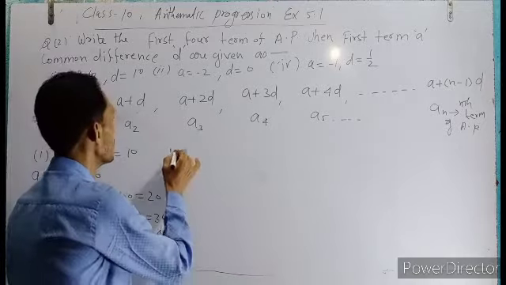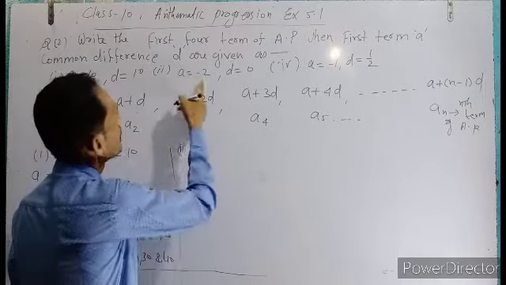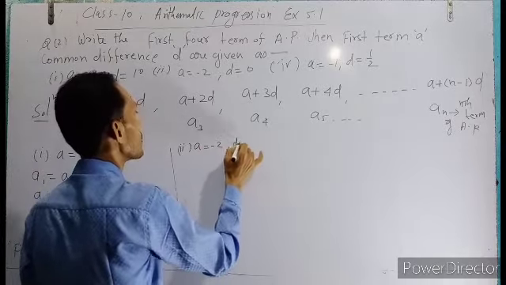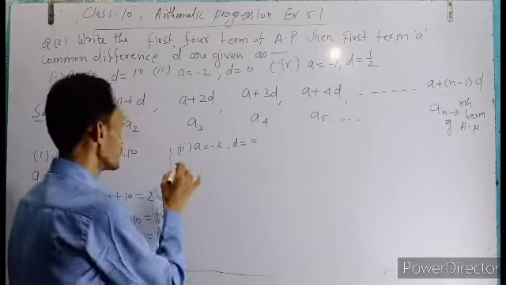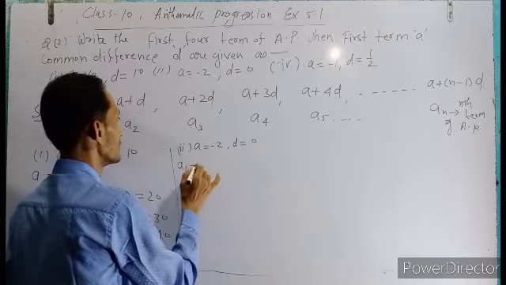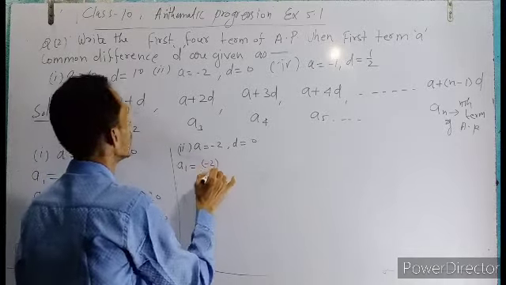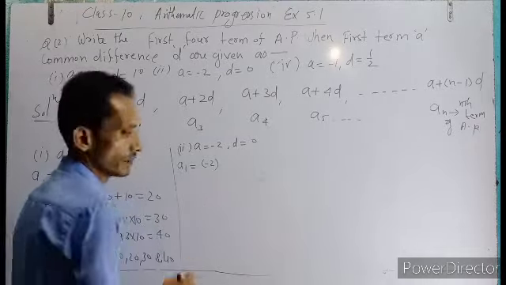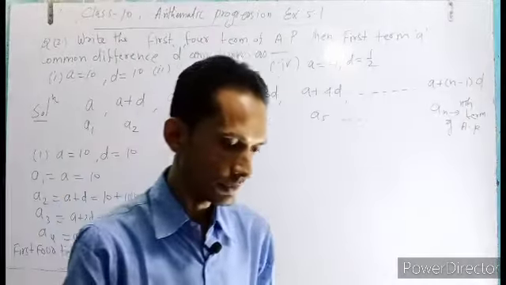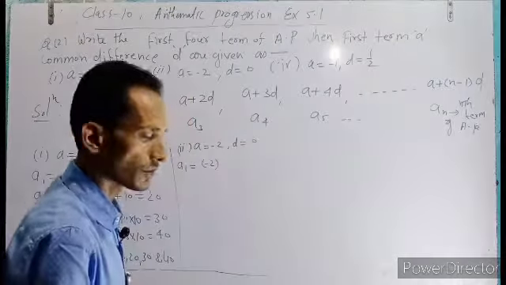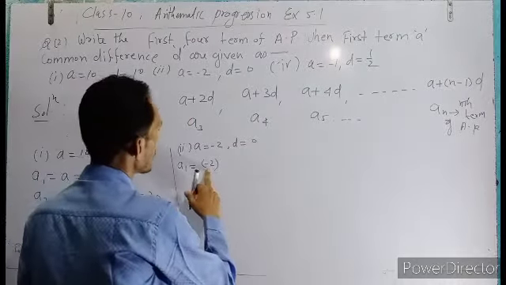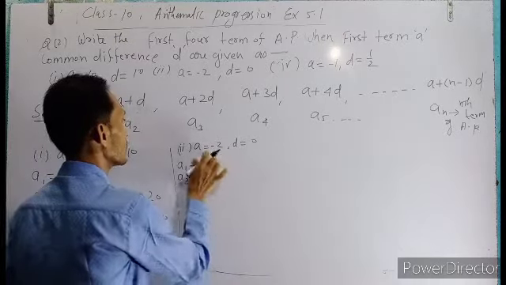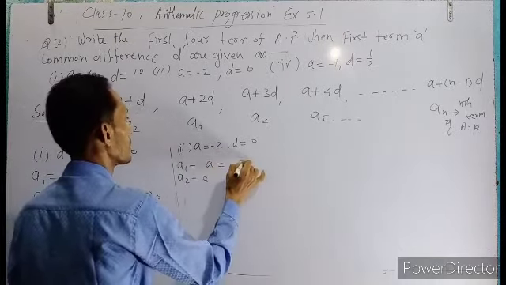Second part: if you are given A equal to minus 2 and D equal to 0, you can find A1 equal to A, which is minus 2. So A1 equal to minus 2.